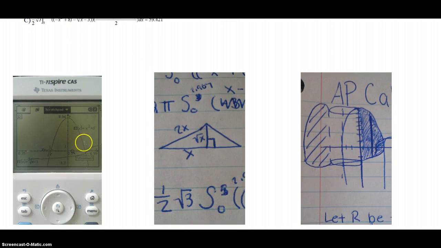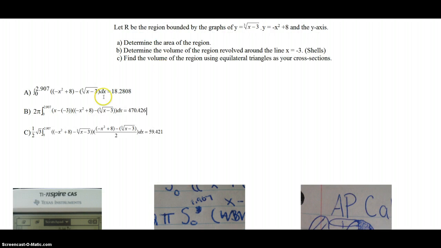And when you look at the graph, since they meet to the right of the y-axis, that means that the negative 1.135 isn't right, so it's obviously 2.907. So that's how you get the limits of integration, and those are for each part of the problem.